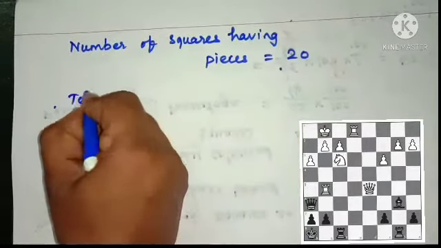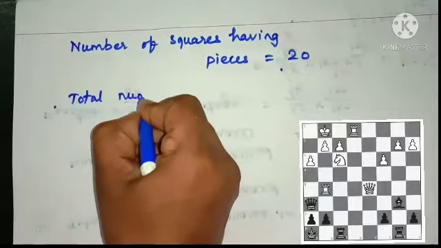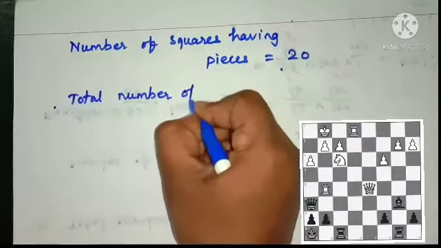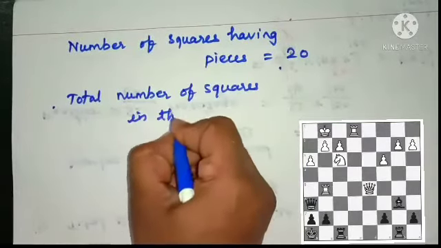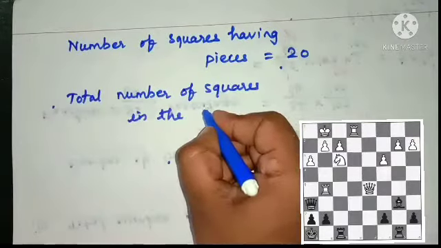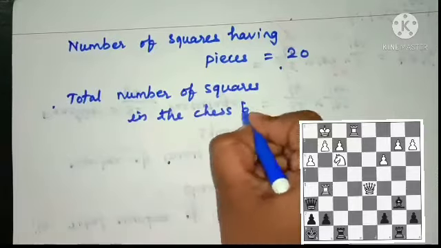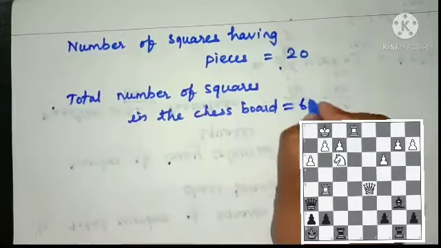And we know that the total number of squares in the chessboard is 64.